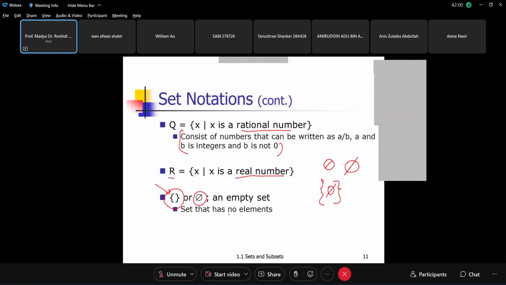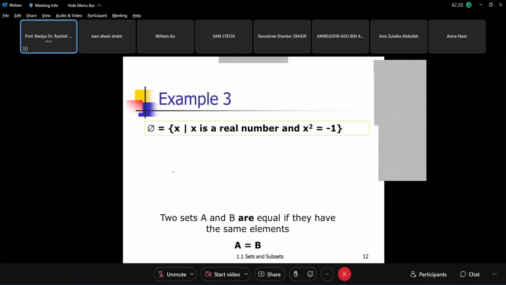Okay. C has no element. No element doesn't mean it does not exist at all. No element, it has none. But the existence of the set, yes. Okay. Can you differentiate? It means this set exists, but has no element. Okay. For example, here, this is an empty set.